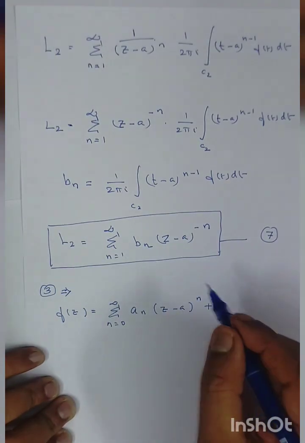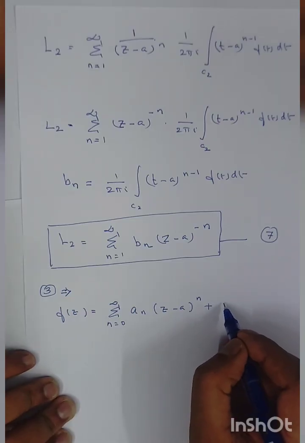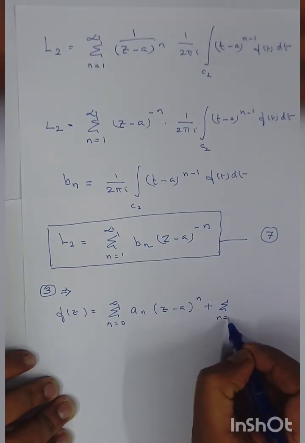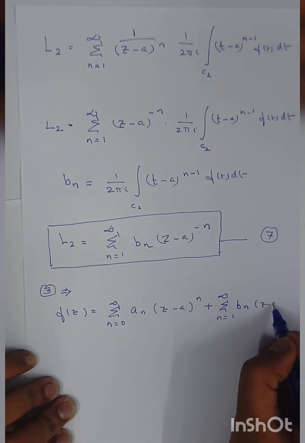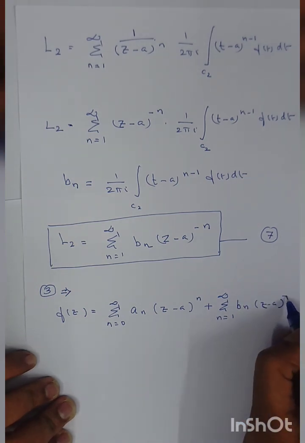From equation 7, we found the value of L2, that is the sum, n equal to 1 to infinity, of bn (z minus a) the whole power minus n.